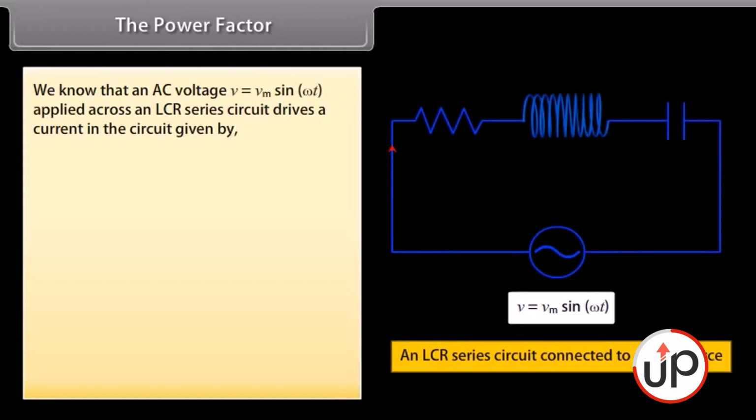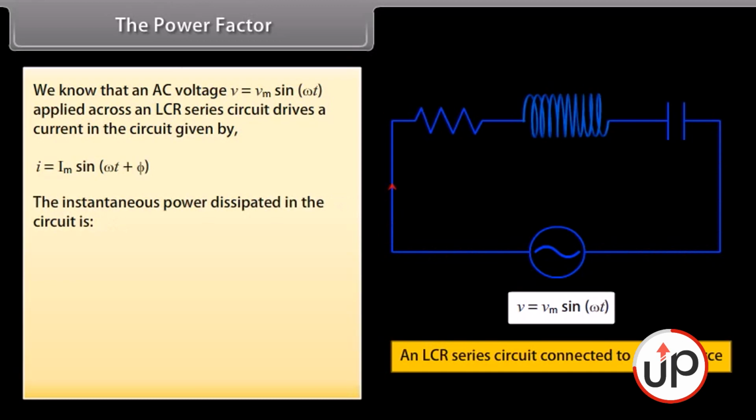The power factor. We know that an AC voltage V equal to Vm sin omega t applied across an LCR series circuit drives a current in the circuit given by Im sin of omega t plus phi. The instantaneous power dissipated in the circuit is P equal to Vi.